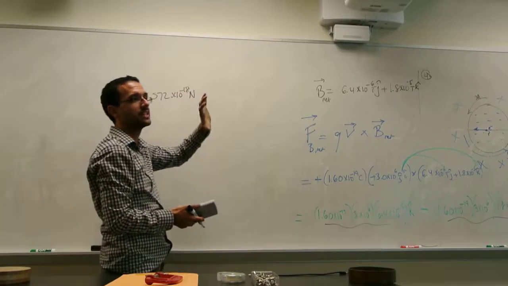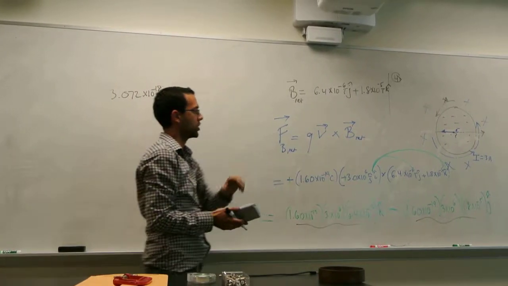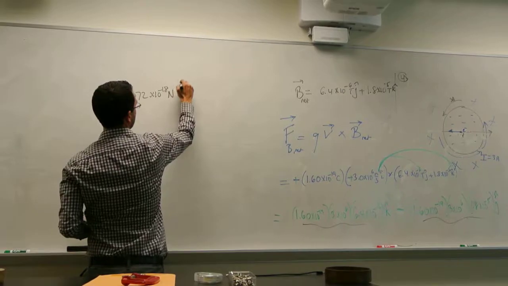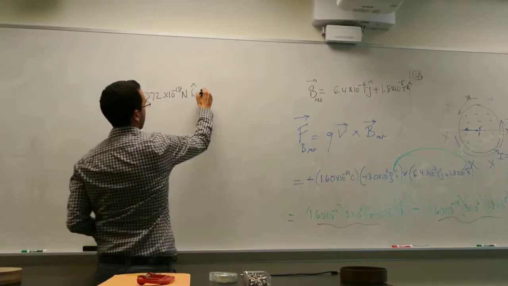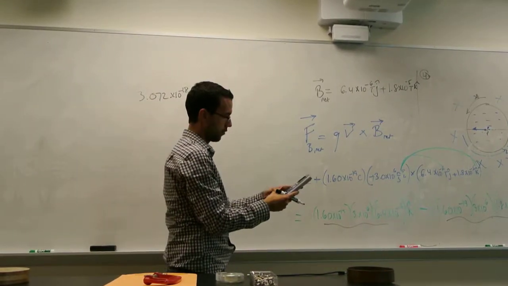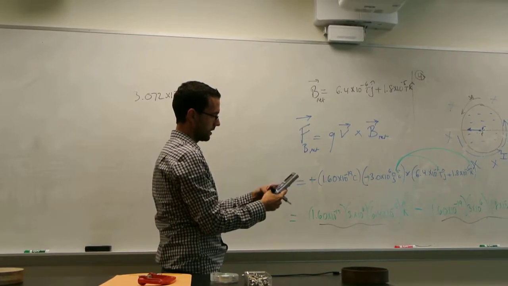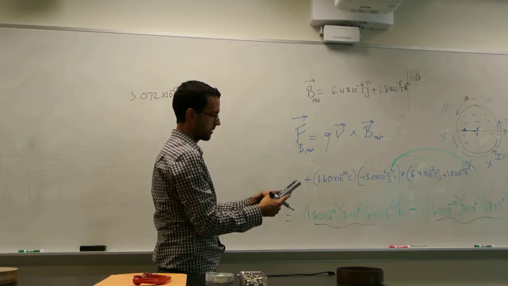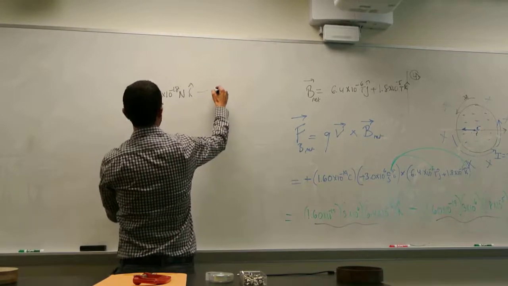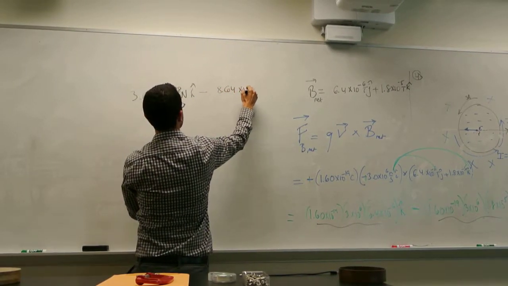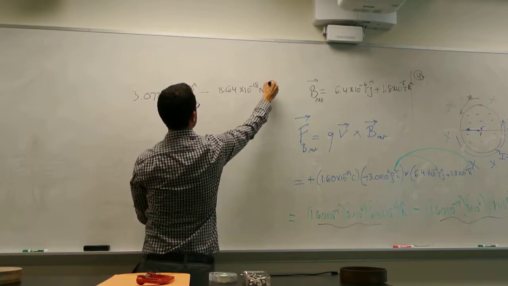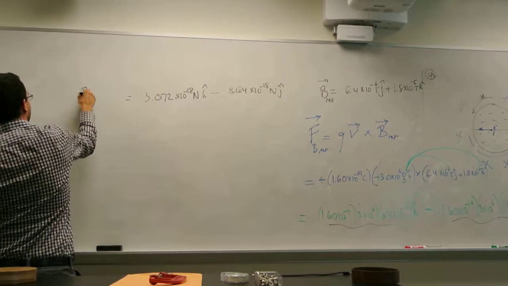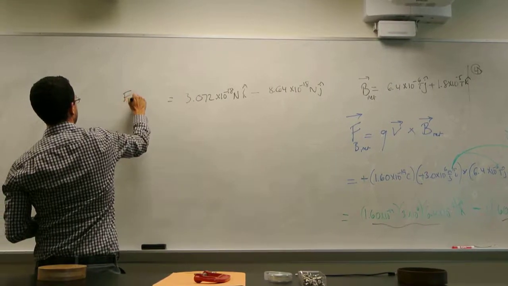This is the force that the magnetic field is putting on the charge. So newtons in the K hat direction, that's the positive Z direction. And then minus, now I'm going to get the other guy, 1.60 times 10 to the minus 19 times 3 times 10 to the 6th times 1.8 times 10 to the minus 5. So minus 8.64 times 10 to the minus 18 newtons in the J hat direction. So this will be F net.